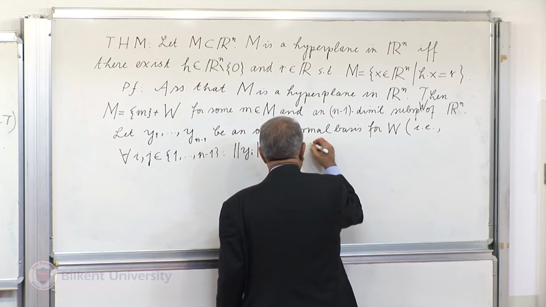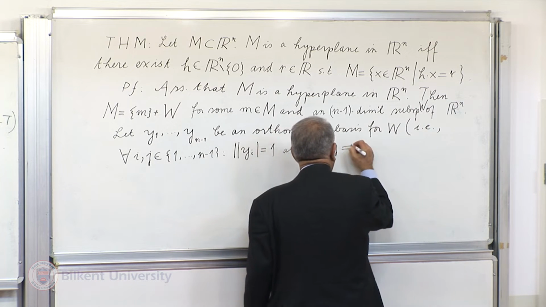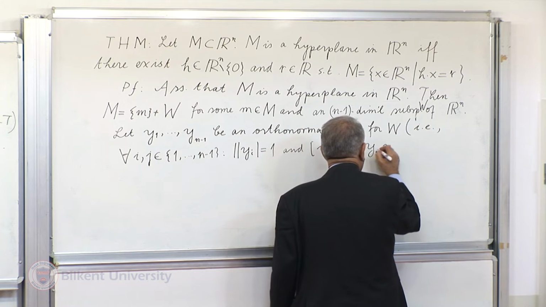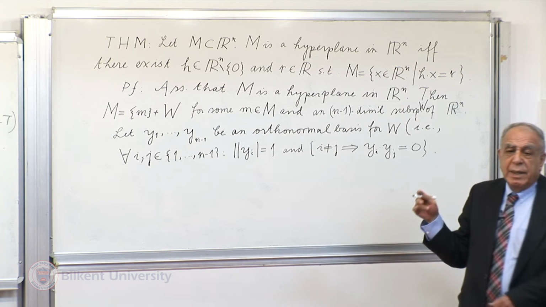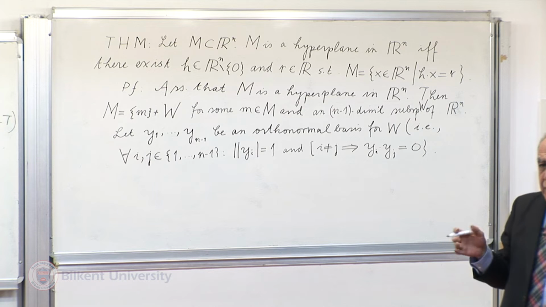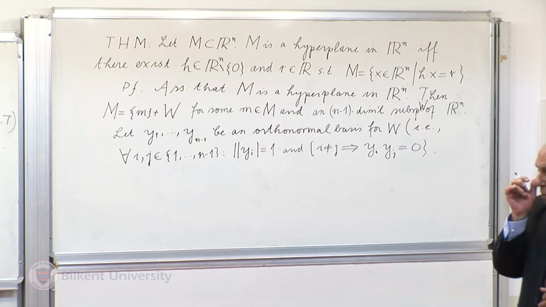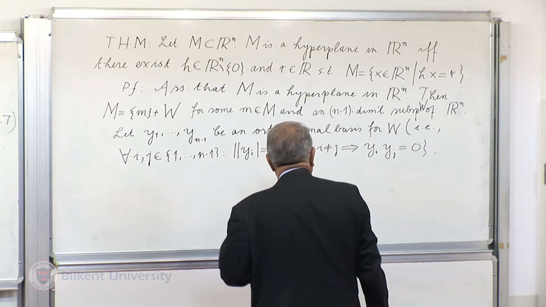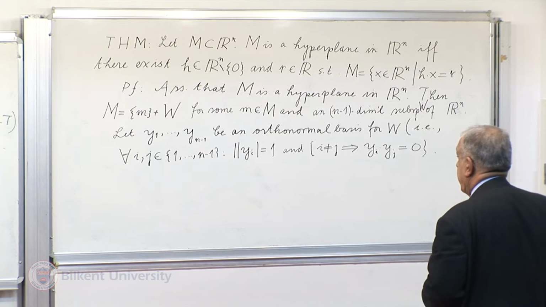And if i is different than j, that should imply that yi dot yj should be 0. The standard basis vectors for Rn actually form an orthonormal basis. The norm of each is 1, and any two distinct of them have an inner product equal to 0.